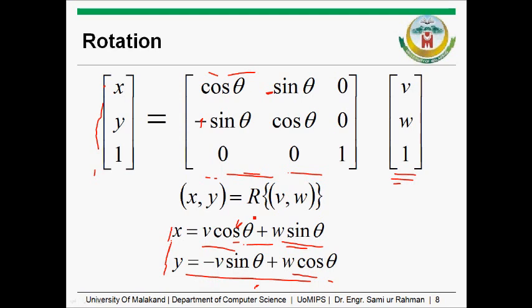But if you think about how we separate this equation into two matrices, again it is not that difficult to think. You consider these coefficients V and W, and you consider these as the variables.